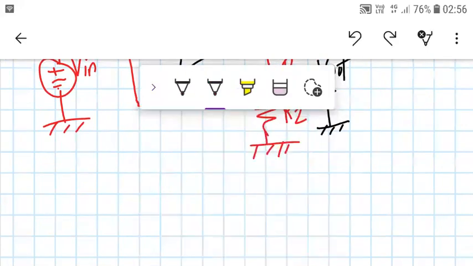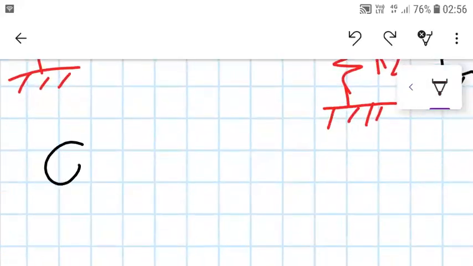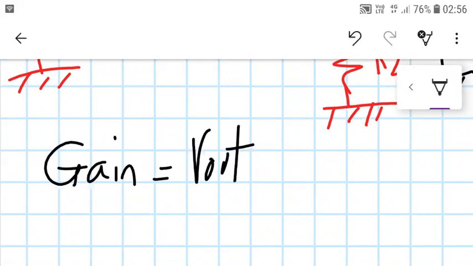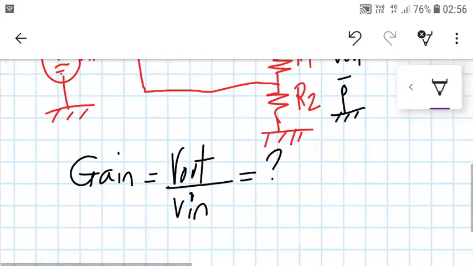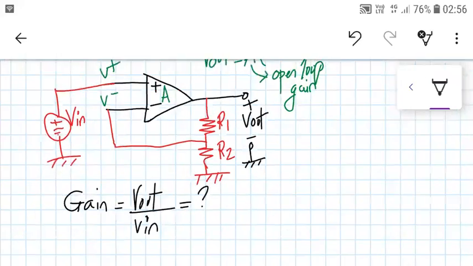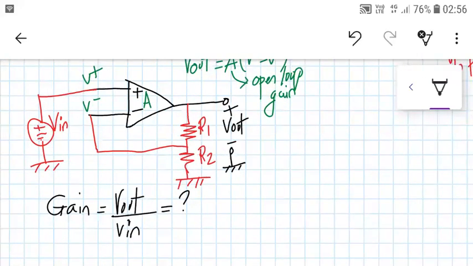The gain of any system is given by V out upon V in. So that's what we are supposed to find for this circuit also. Let us start now.